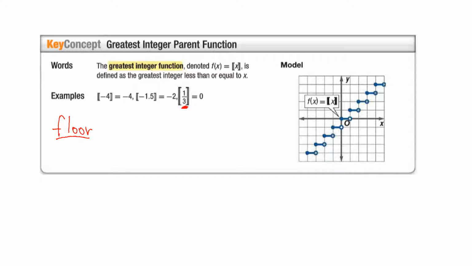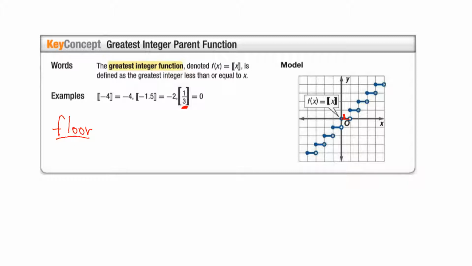So if I'm here at 1/3, think of 1/3 in y, right here. The biggest integer, you'd come down to 0. I like thinking about it in y for the floor function. But basically, as x goes along, it stays at 1 until it hits 2, and then it jumps to 2, and then it jumps to 3, and then jumps to 4, then jumps to 5.